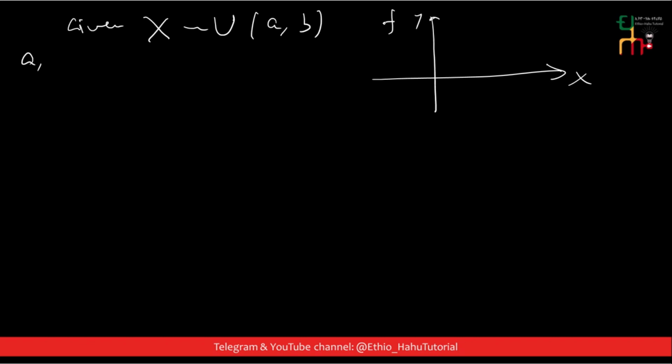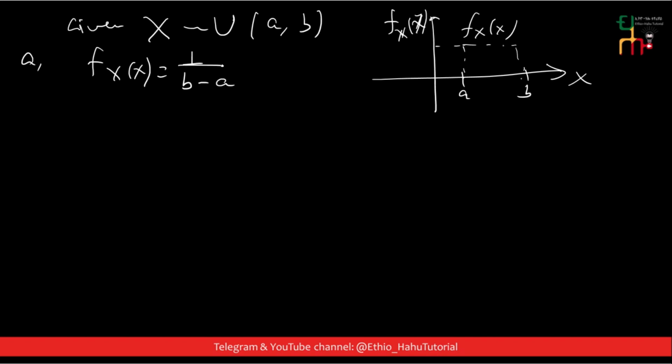Given that x is a uniform random variable over a to b, the probability density function f_X(x) is 1 over b minus a.